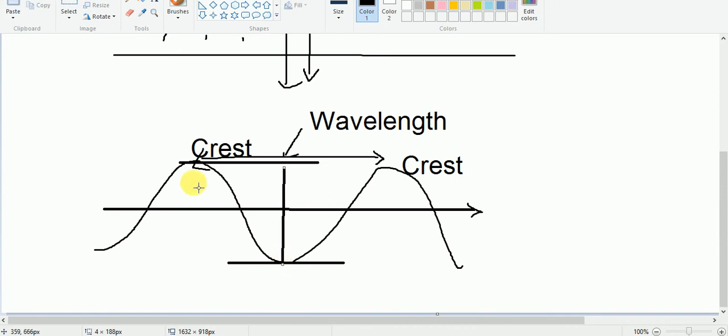And half of the wave height is known as amplitude. See here, amplitude means this one, half of the wave height. So this is known as amplitude, and this is known as wave height. And this is what? This is known as amplitude.